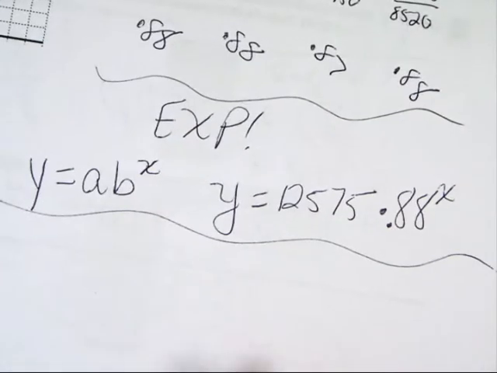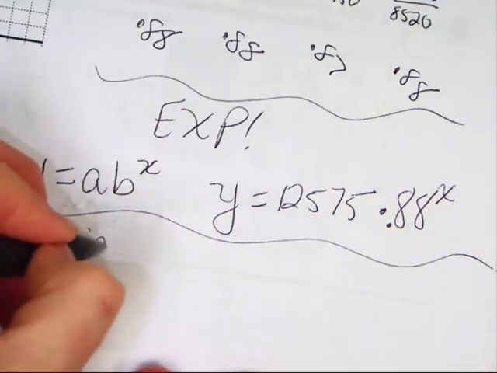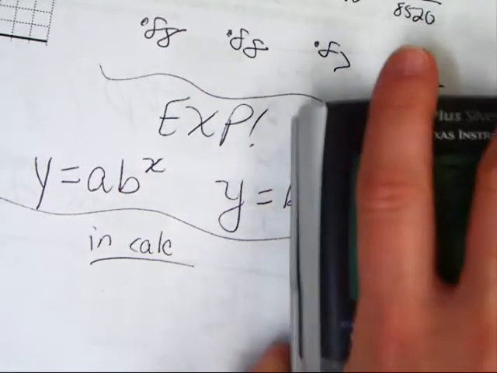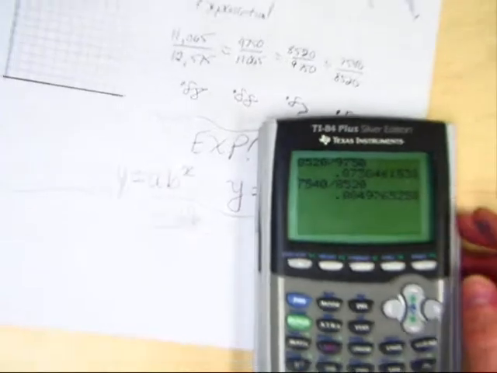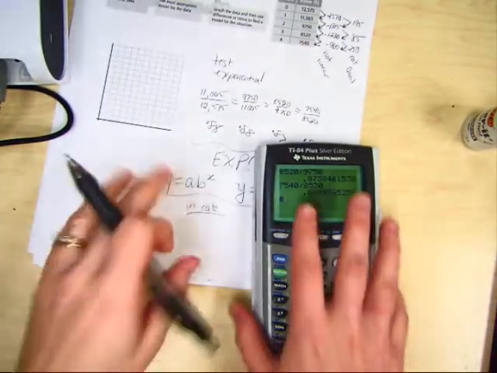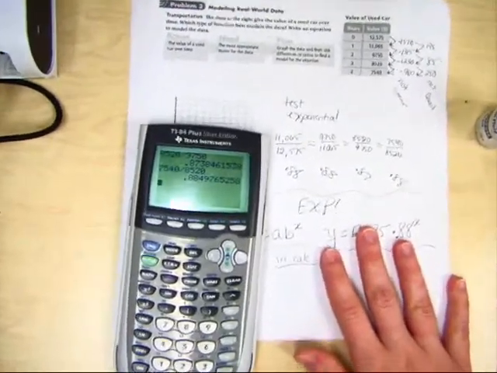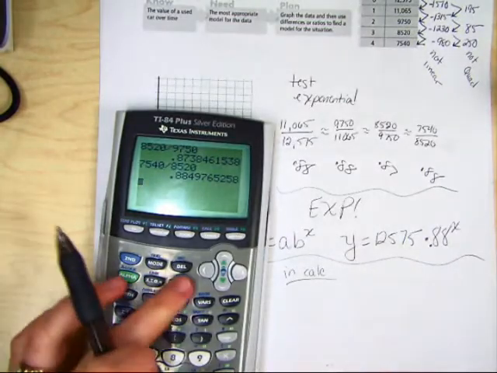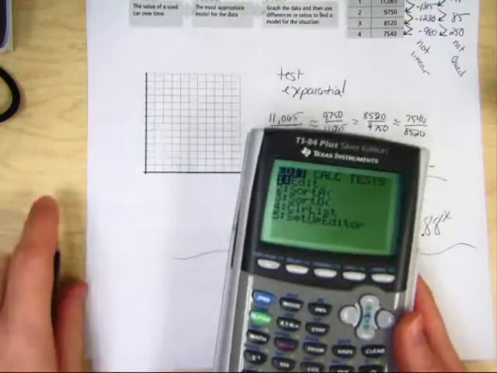Now I'm going to teach you how to get the perfect answer in your calculator. Alright, so you're going to go to your calculator. Let me zoom out so you can get a better look at the whole calculator. You are going to go to your Stat button, then Edit, number 1.